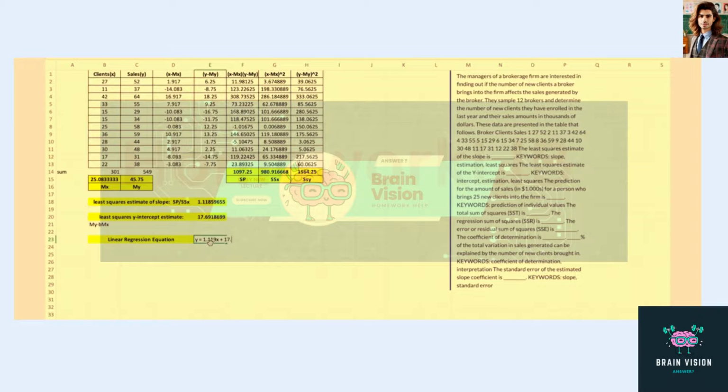I'm just rounding to 3 decimal places. And I'm going to bold it and merge it.